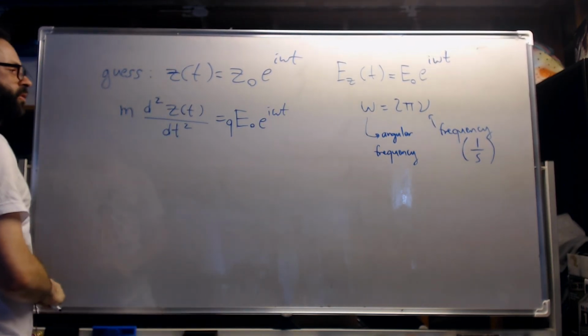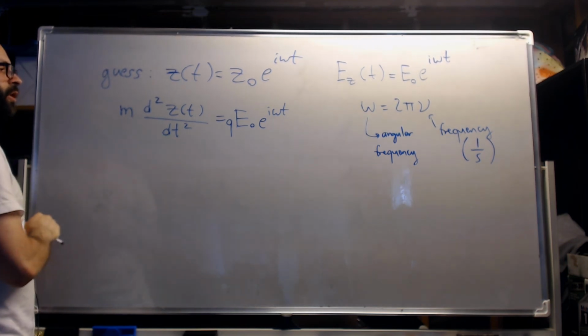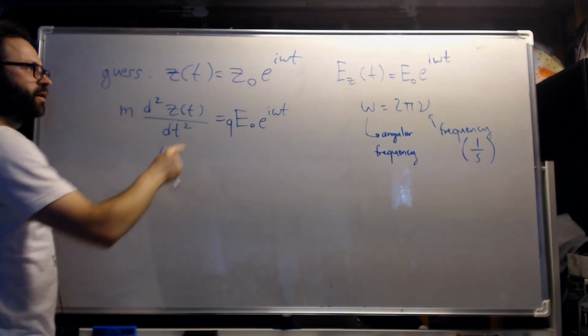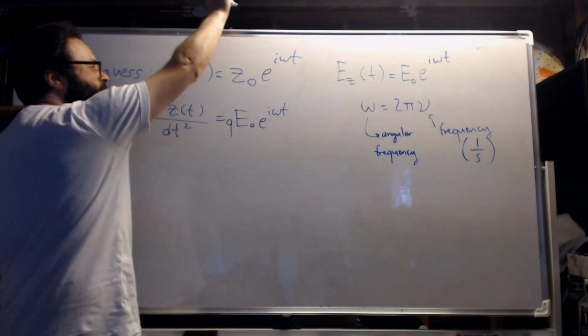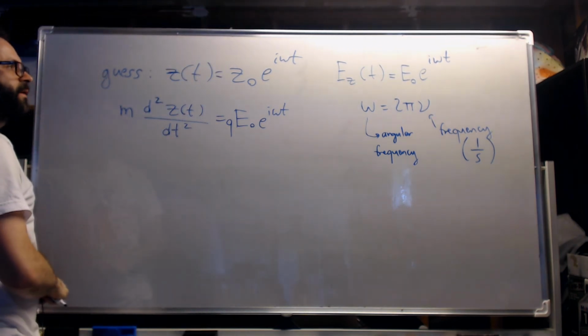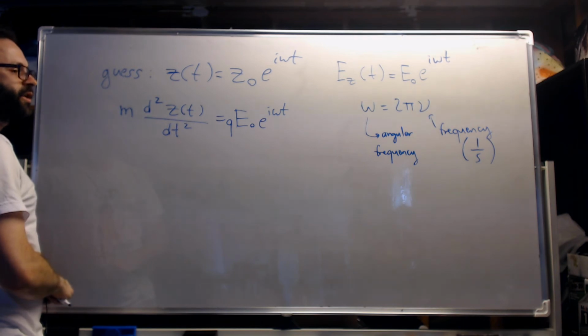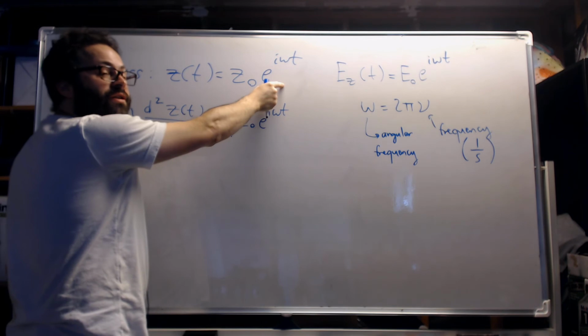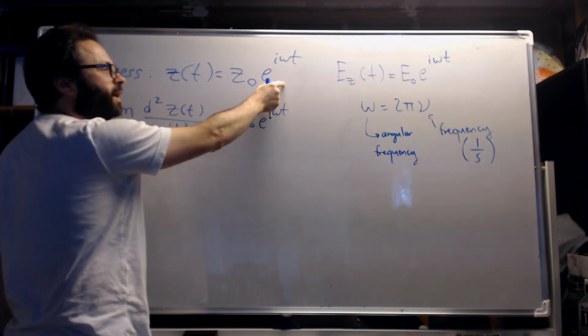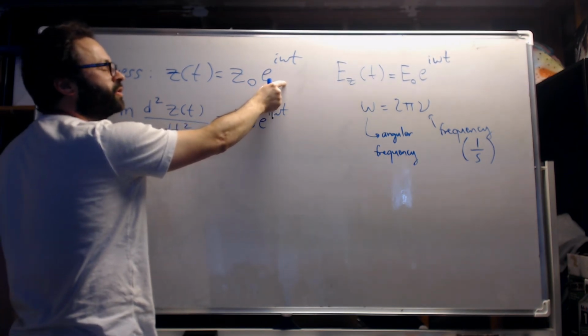So how do we check whether the solution satisfies this differential equation? And also, if it does, what determines this maximum extension along the z-axis? Remember that this function is a sum of cosines and sines, right? So the maximum value for this function is going to be 1.